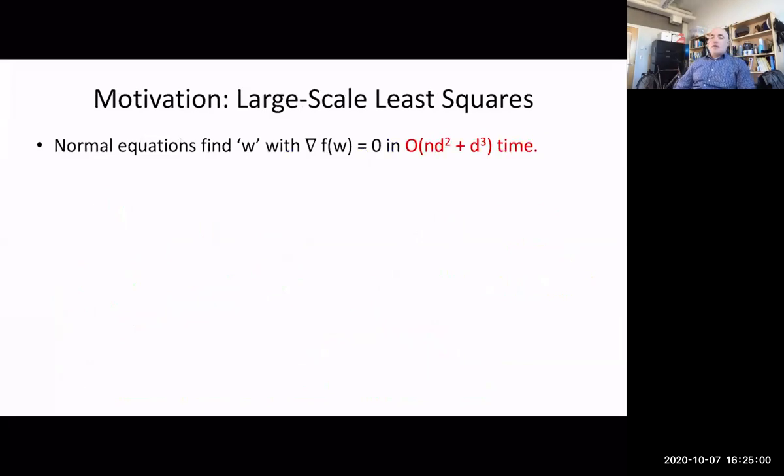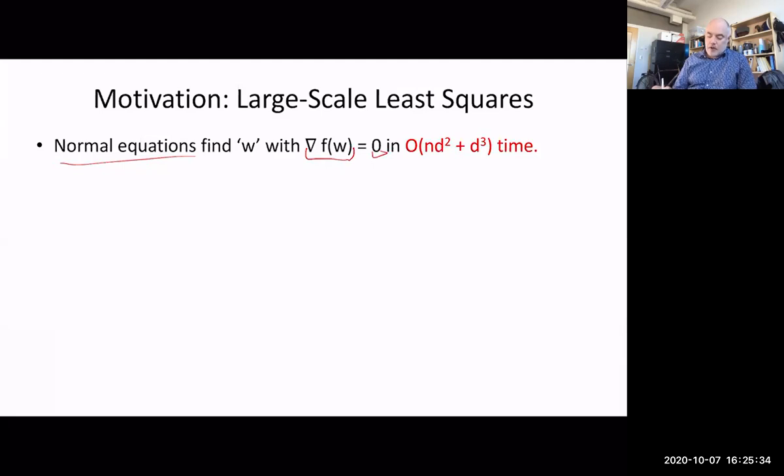So to motivate gradient descent, which is what we're working up to right now, let's think about large scale least squares, right? The way we went about solving the least squares problem, which is applicable for nonlinear regression and linear regression, all that sort of stuff, is that we derived the normal equations, basically by setting the gradient of the least squares objective equal to 0, right?